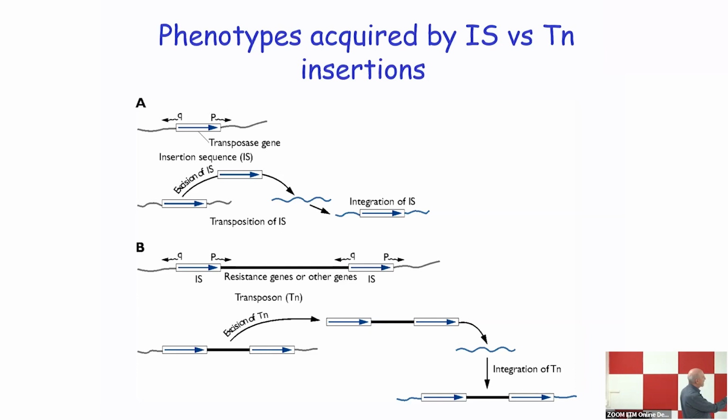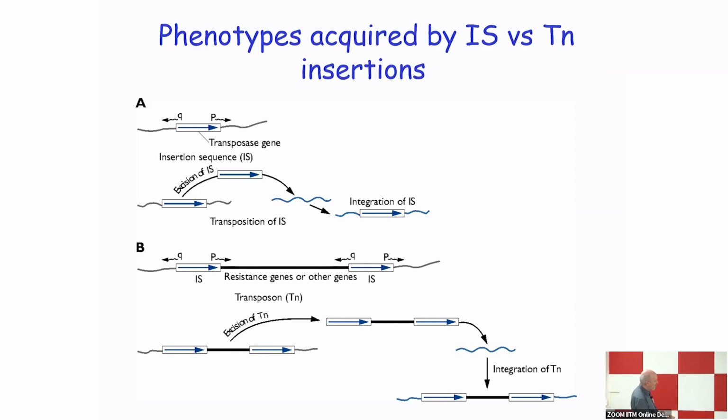Therefore, if this element jumps somewhere into the chromosome, then the genes that are downstream of the insertion will be transcribed from the promoter encoded by the insertion sequence, okay? And what is the advantage of that? Well, sometimes cryptic genes, genes that are silent and never get expressed, when an insertion sequence with a promoter jumps in front of them, start being transcribed, okay? That is what may happen with insertion sequences.